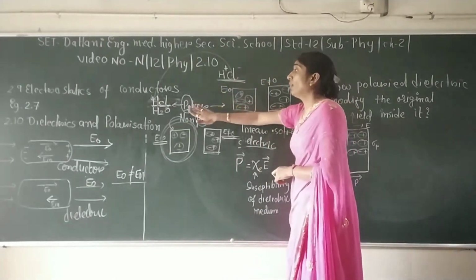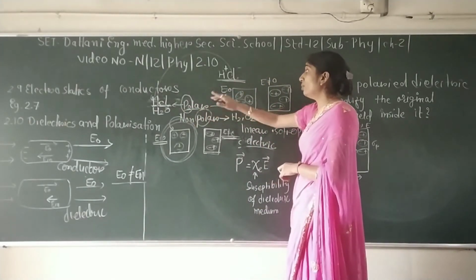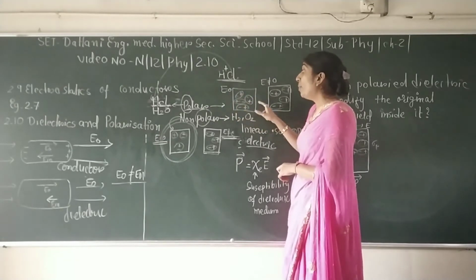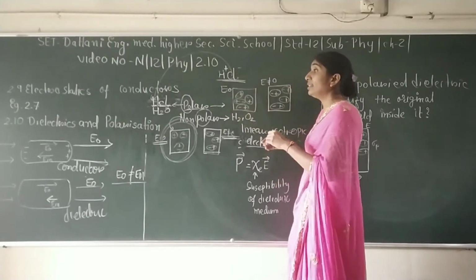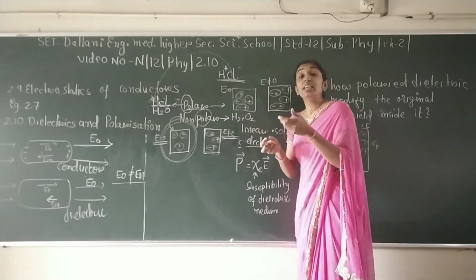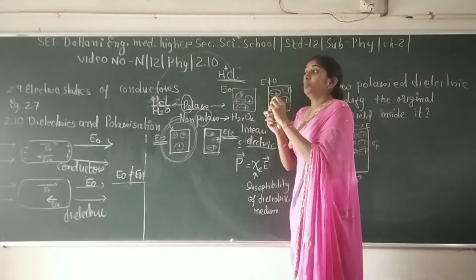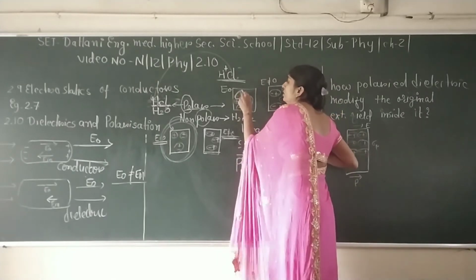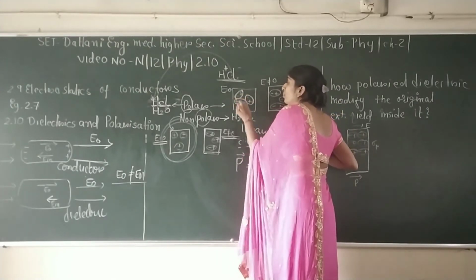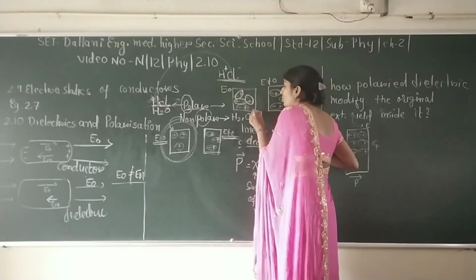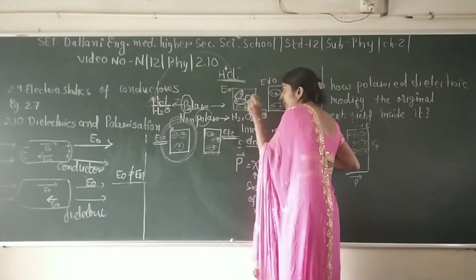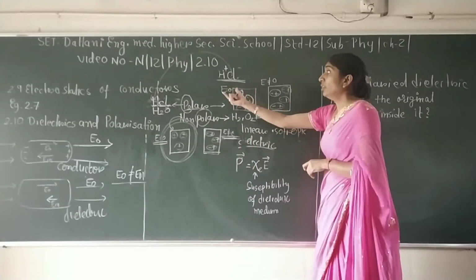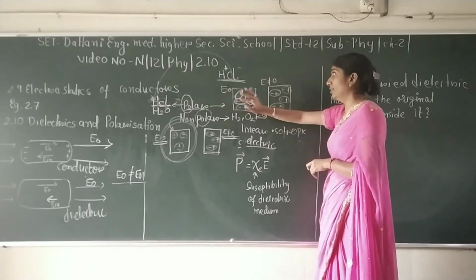Now let's talk about the polar molecule. These have a permanent dipole moment, but it is oriented in such a way that the net electric field due to them is zero in the absence of an external field.